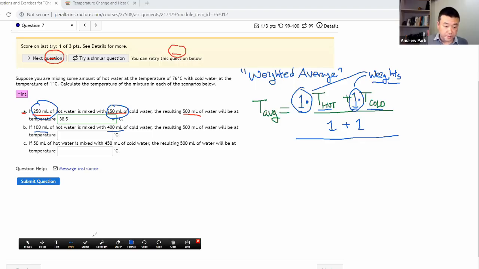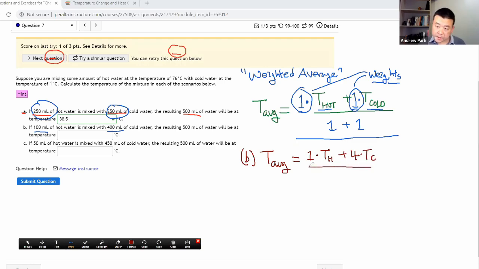So in part B, this is what I should be putting the numbers into. My average temperature should be the hot water with a weight of 1 times the hot water plus the cold water, now with a weight of 4. I have 4 parts cold water for every 1 part hot water.